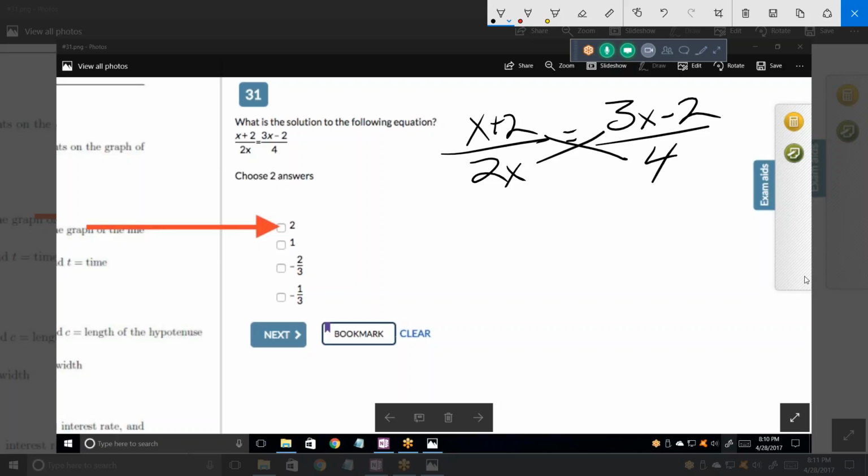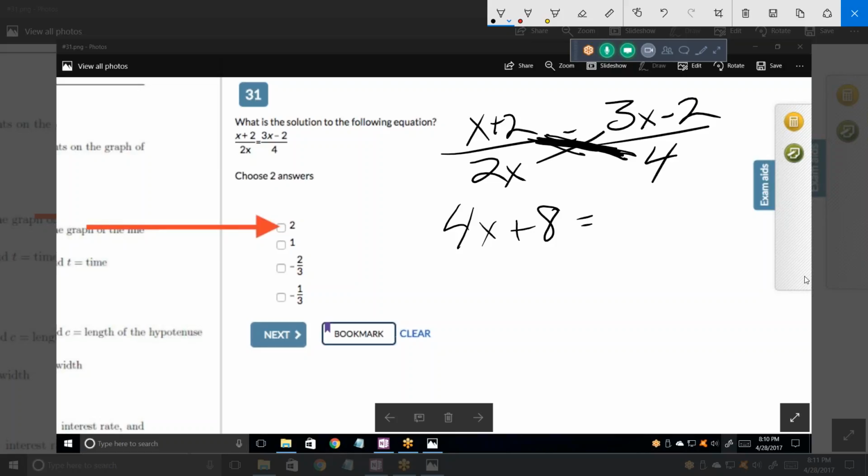Which one are you multiplying first? If we're multiplying that, we get 4 times x, that's 4x, plus 8. That's what that times that is: 4x plus 8.